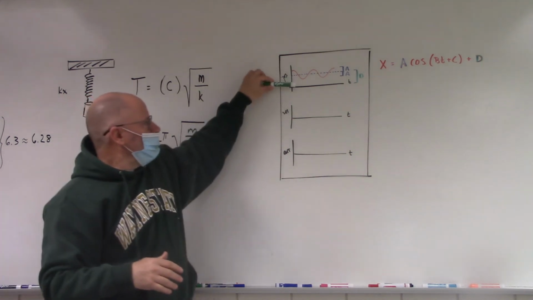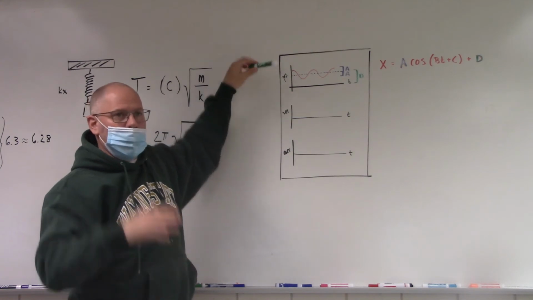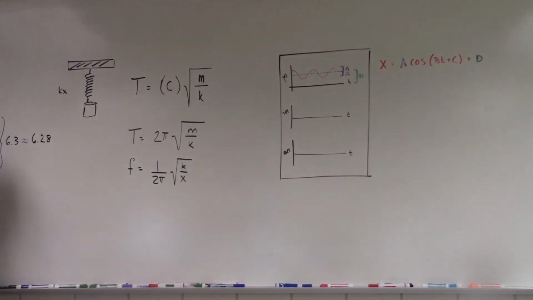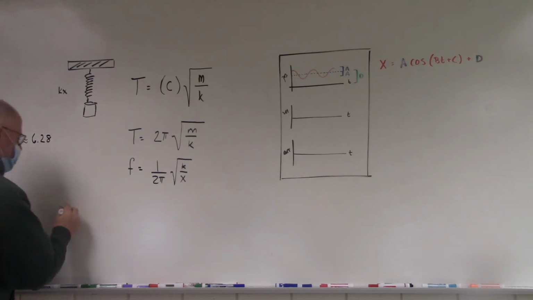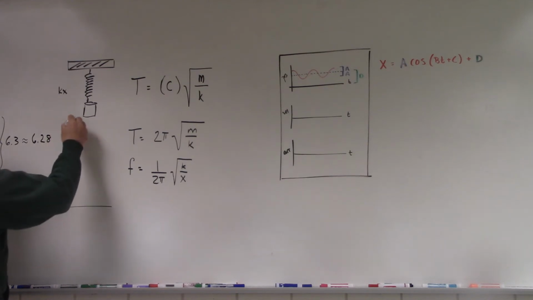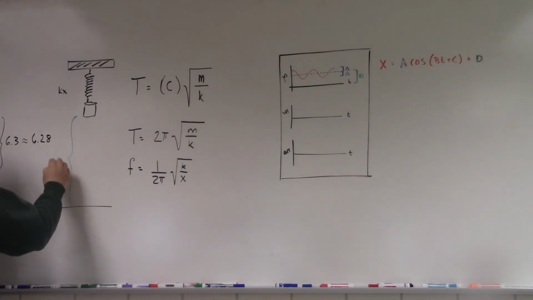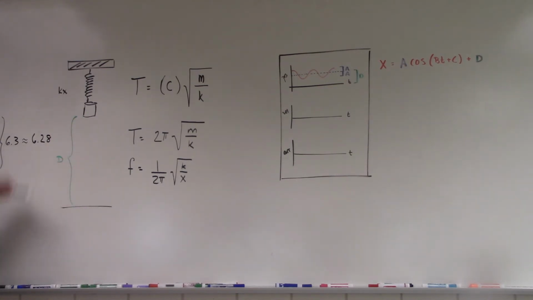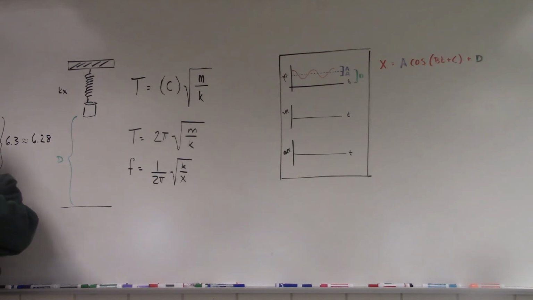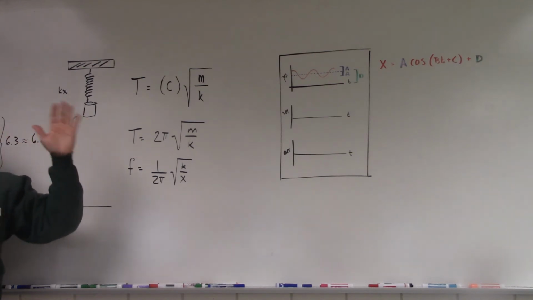But here, it shows you how far, basically, it is when this is at rest, and this is the sensor down here, this distance would be D. And then the thing oscillates to below it and above it. That's why you get that up, above, and below. Is that cool? All right.